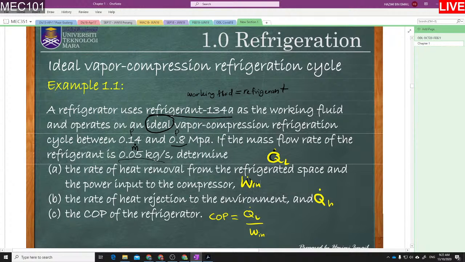Don't look at water or anywhere else. We have R134A, so make sure you look in 134A because the question is about R134A. If the system uses another refrigerant, we cannot use the R134A properties table. We have to find the properties table for that other refrigerant.